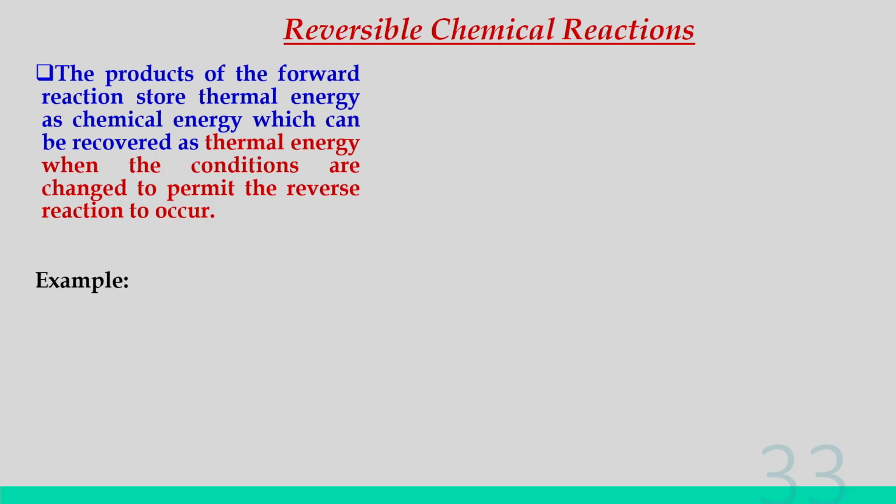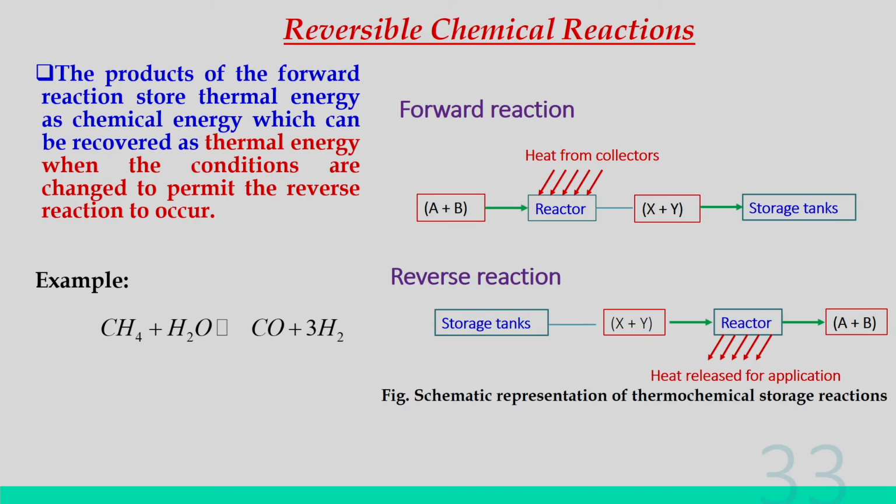Okay. So, already we have discussed the examples, and this is the way it reacts if you consider two constituents, A plus B, and if we get energy from the solar collector, it is converted to X plus Y, two other elements, and that can be stored in a storage tank.